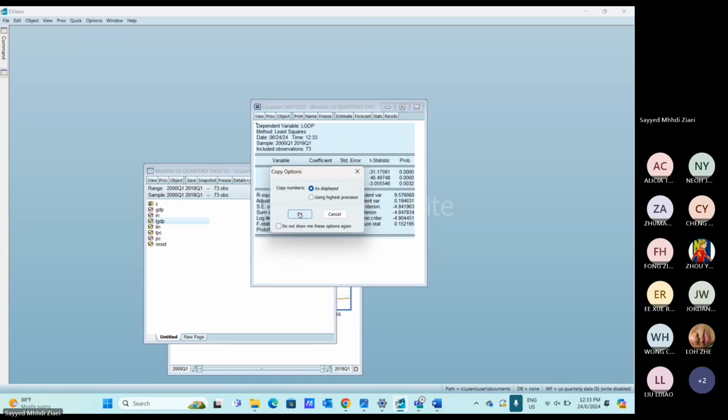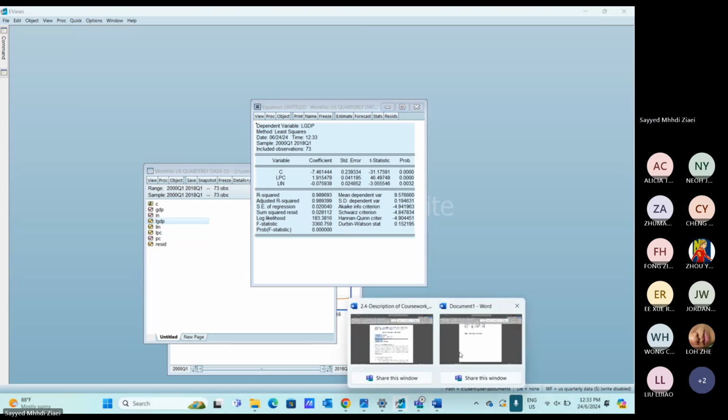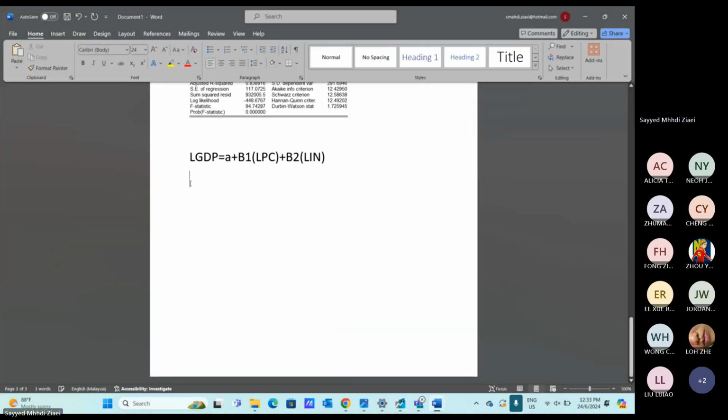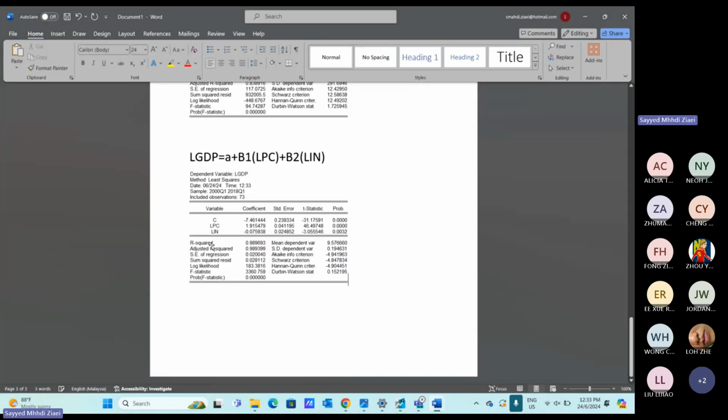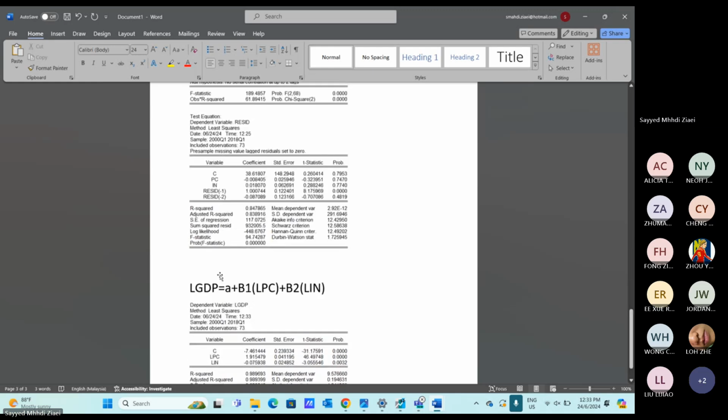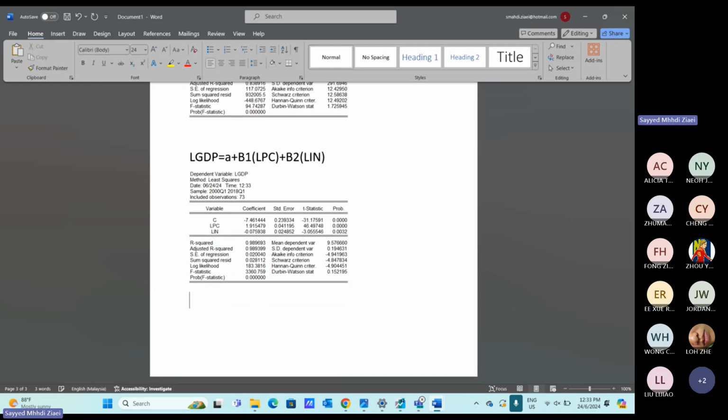Copy. Paste. So I got the result of ln. Again, you need to check the diagnostic problem.